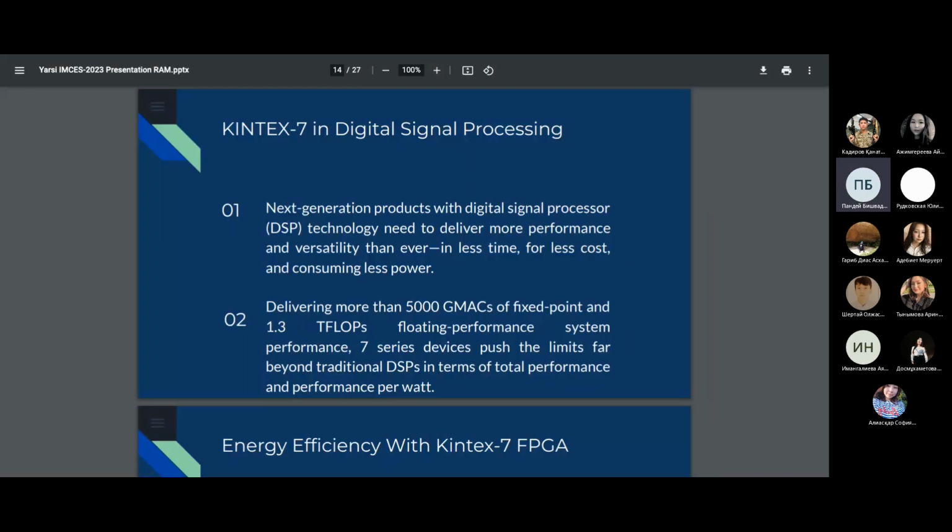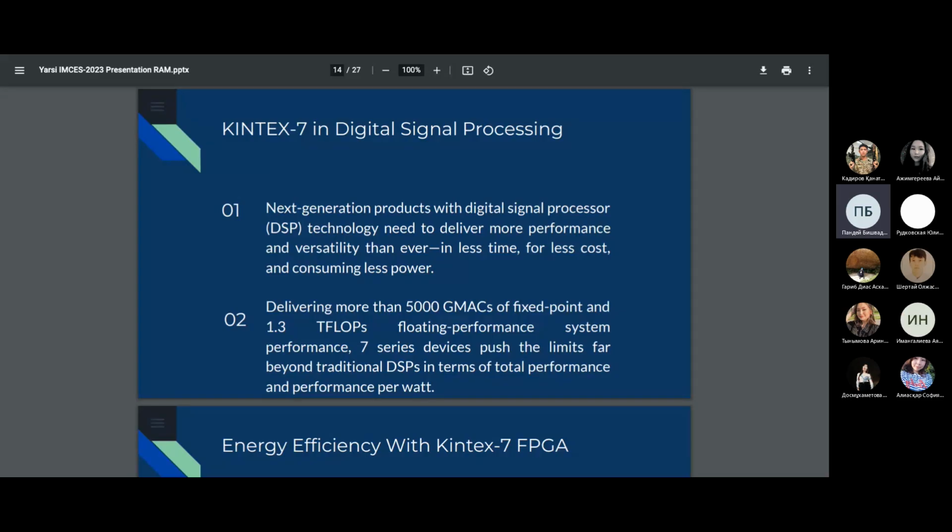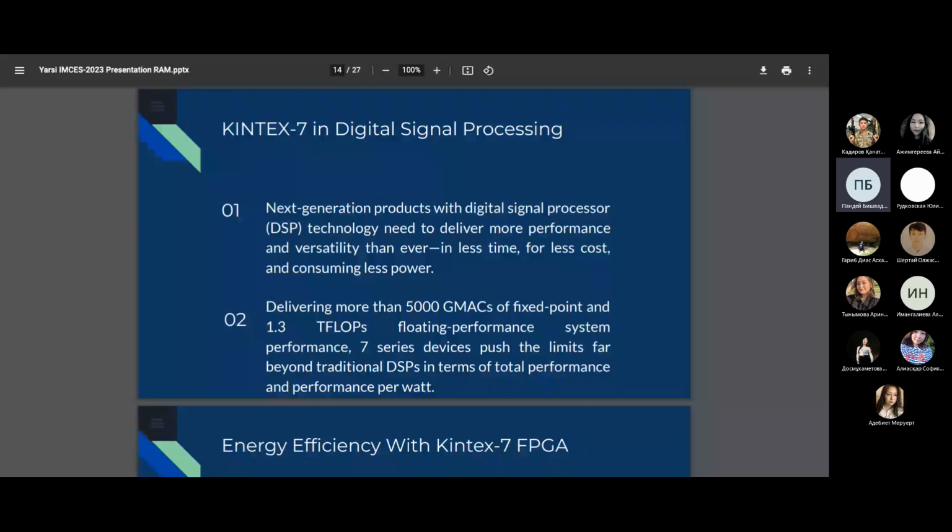Delivering more than 5,000 GMACs for fixed point and 1.3 teraflops floating point performance. 7 series devices push the limits far beyond traditional DSPs in terms of total performance and per watt.